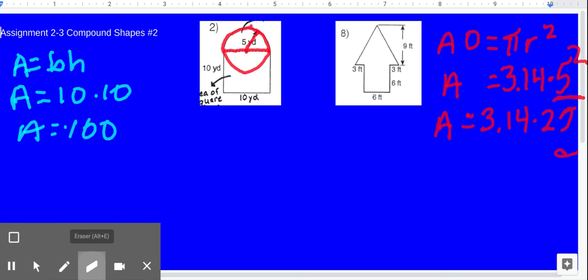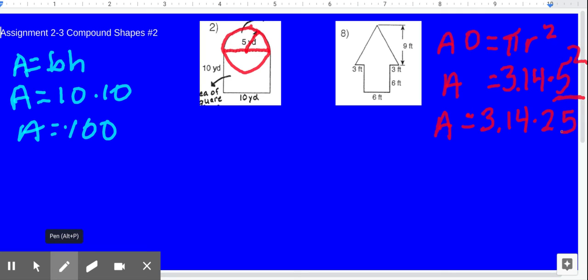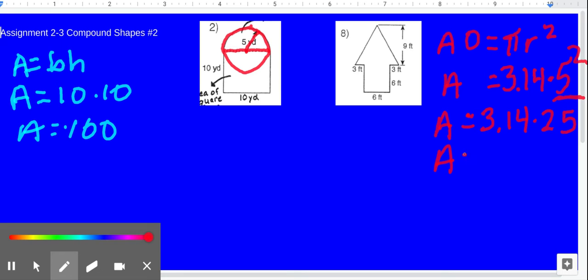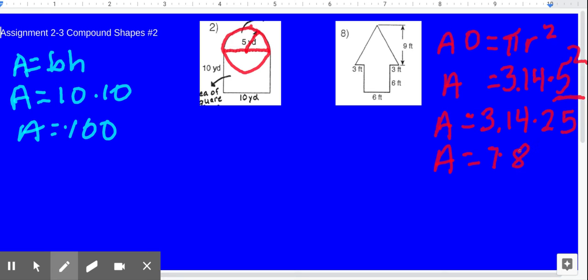Okay, so 3.14 times 25 equals 78.5. Now, that's the area of this entire circle over here, right? We don't need the area of the whole circle.